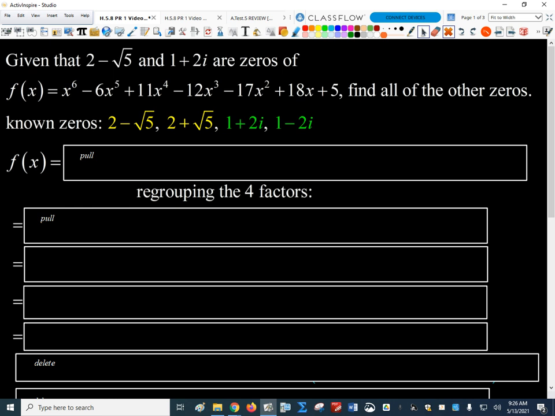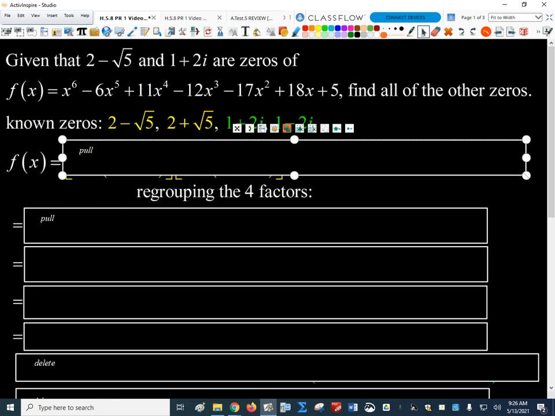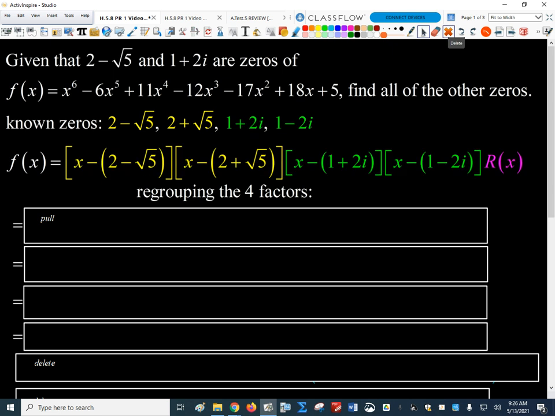Okay, good. So we can associate each of those zeros with factors. And what's the recipe? If k is a zero, what's the factor? x minus k, right?